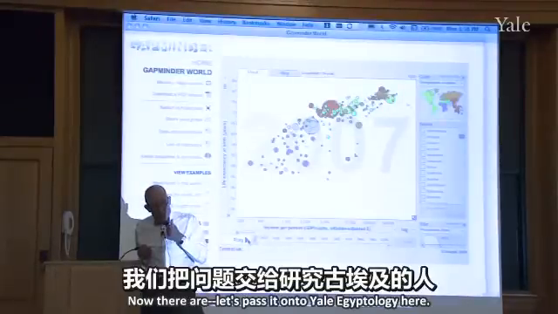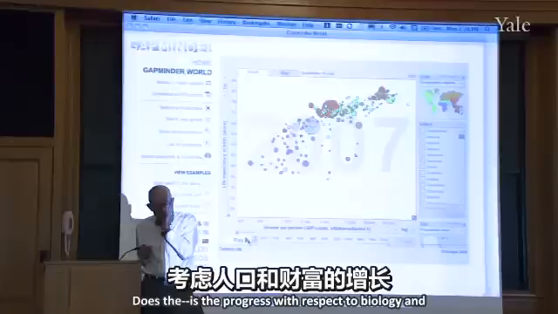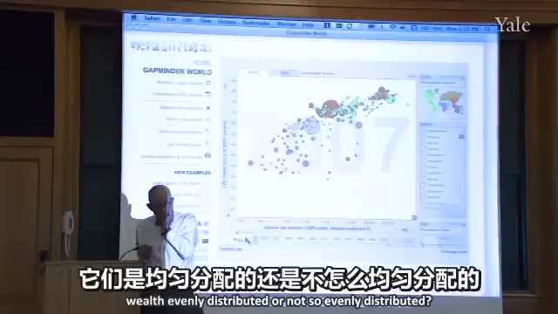Now, let's pass it on to Yale Egyptology here. Is the progress with respect to biology and wealth evenly distributed or not so evenly distributed?